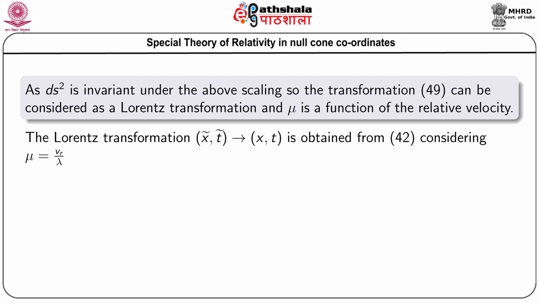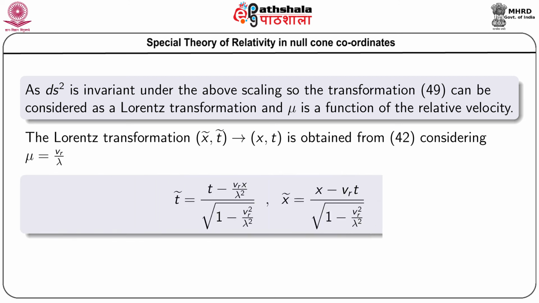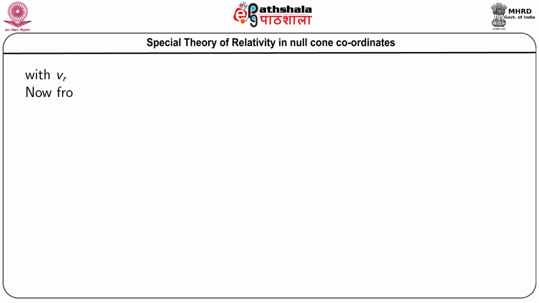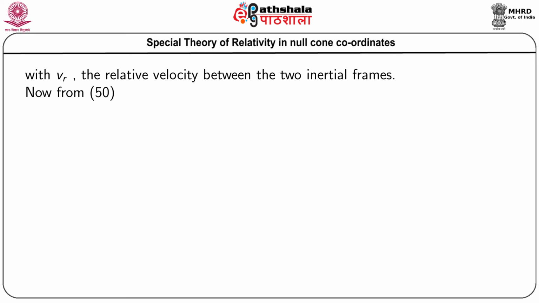and using the Lorentz transformation t̃ equals (t - V_r x/λ²)/√(1 - V_r²/λ²), and x̃ equals (x - V_r t)/√(1 - V_r²/λ²), with V_r the relative velocity between the two inertial frames.